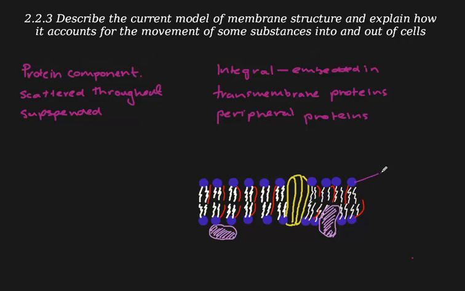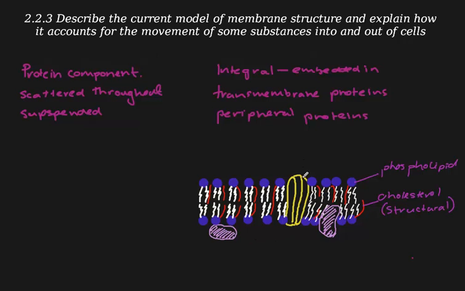So that is our phospholipid. We can also see these red things. These red things are cholesterol. And simply they're there for a structural component and play an important part in the structure of it.